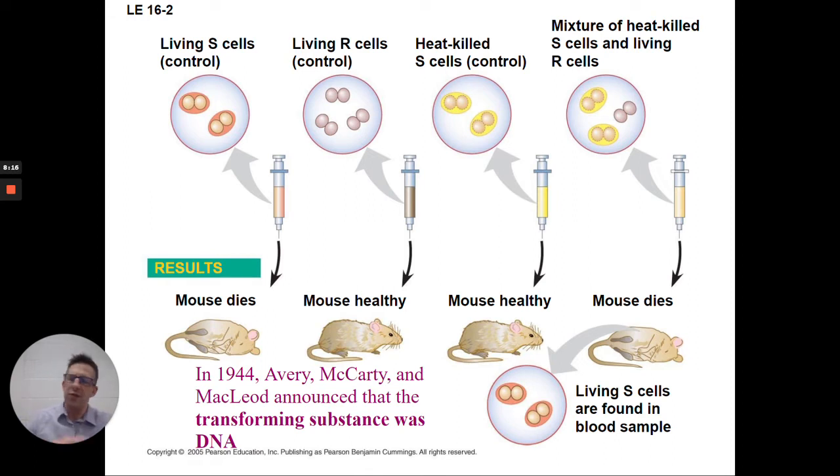Now there are tons of other experiments that help to illustrate that DNA was the genetic material and that it was the thing being passed from one generation to the next. This is just one that helped kick it all off, right? Something was being transferred from one cell to the next, and that thing ultimately turned out to be DNA.